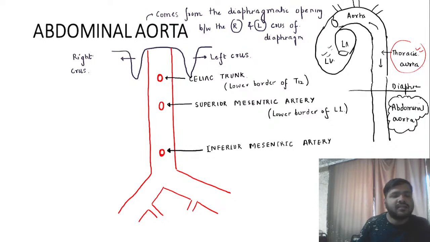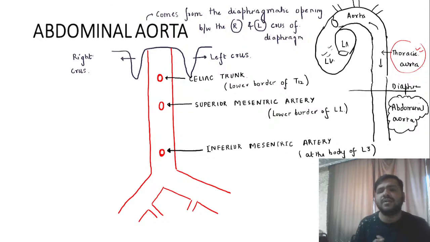Okay, it is at the body of L3 vertebra. Ab aapko bhi pata hai we have thoracic vertebra, lumbar vertebra, at that level. At the body of the L3 vertebra, the inferior mesenteric artery originates from the abdominal aorta.